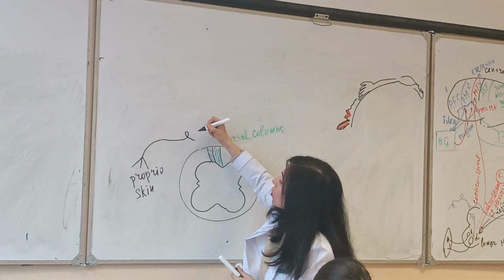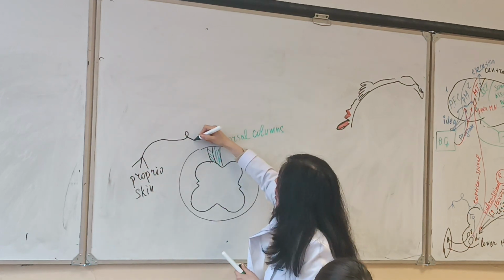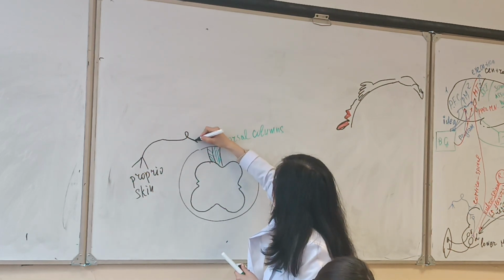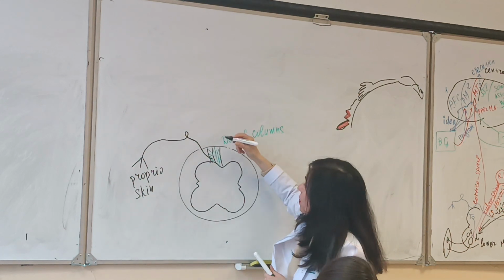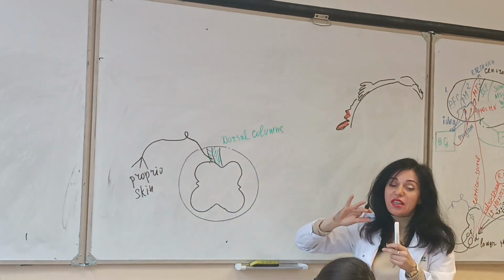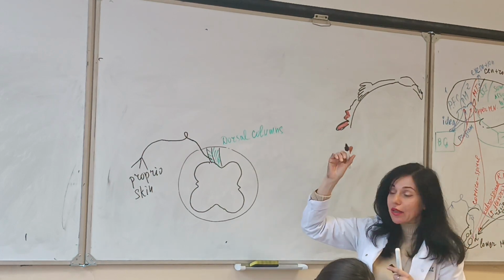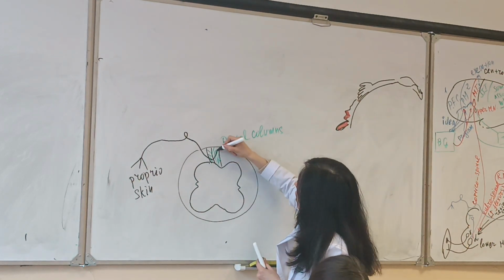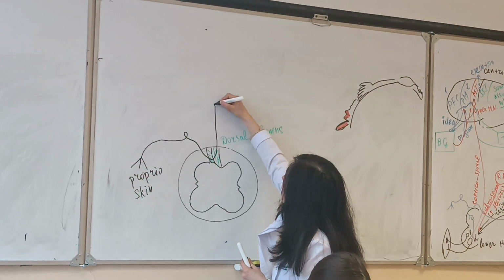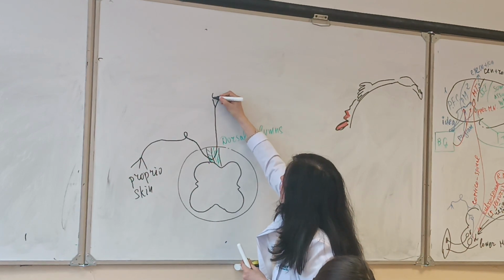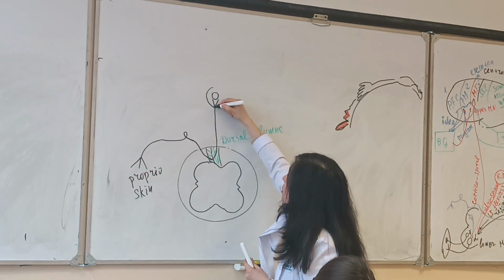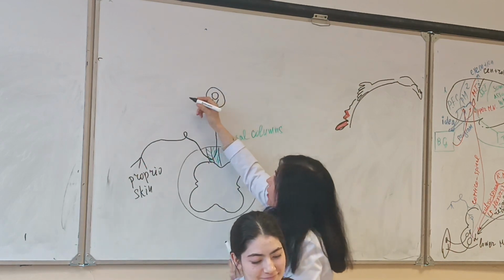Sensory neuron, dorsal root ganglion, and then without synaptic relay, it conveys information directly to medulla and relays in nucleus gracilis, nucleus cuneatus in medulla.